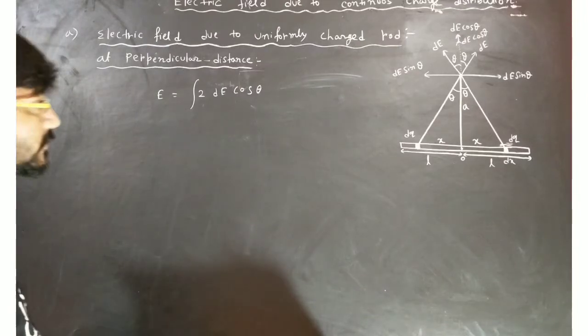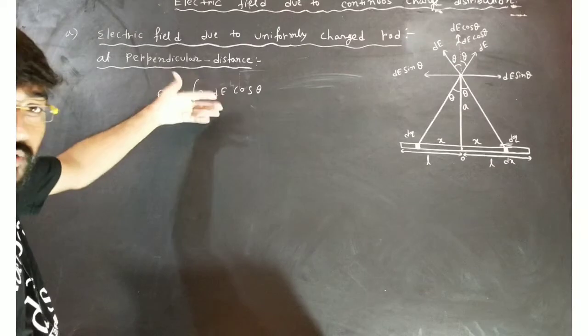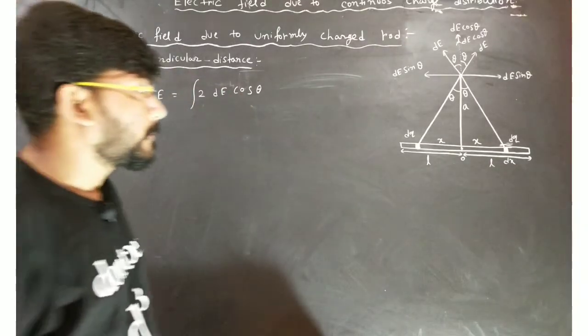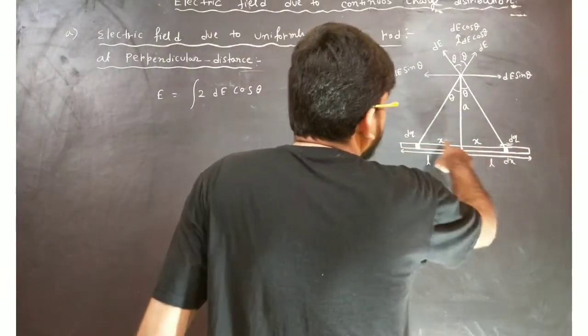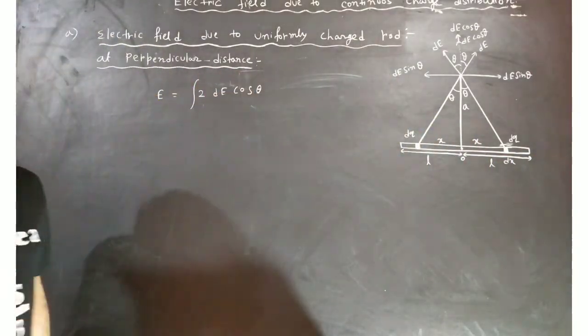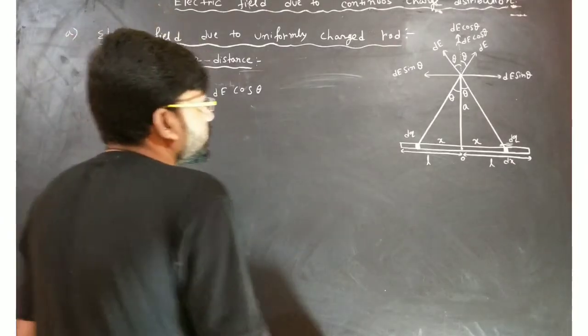Now let me convert all the terms into terms of x, because we want to integrate along this. So we have to express this expression in terms of x, and you can find the electric field dE. So what is dE?